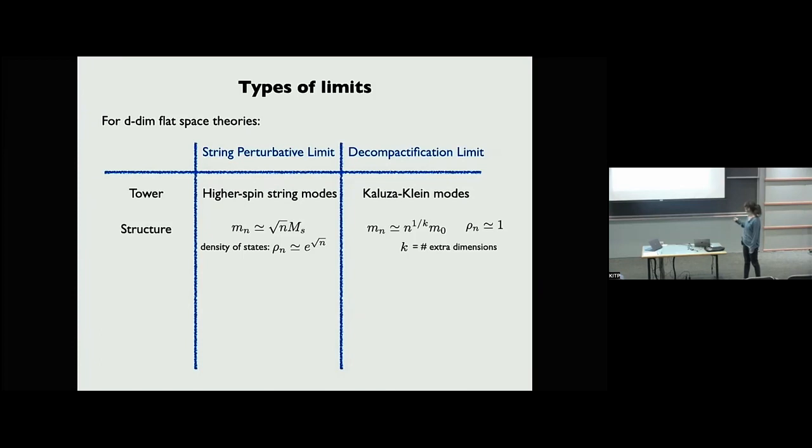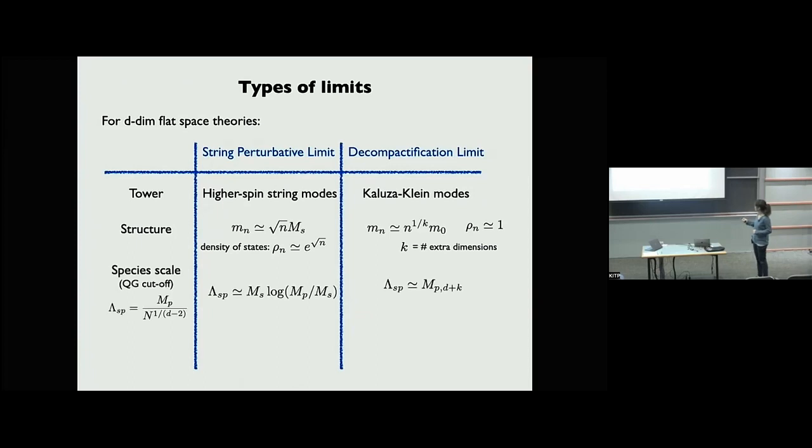Now the structure, well, this is just kind of a review. You just have some tower with different degeneracy of the states in one or another case. Here I'm just putting the typical expression for some unwarped compactification. In general, as Alessandro explained to us yesterday, the Kaluza-Klein spectrum can be a bit complicated. So that's also something that is important here when studying these conjectures.